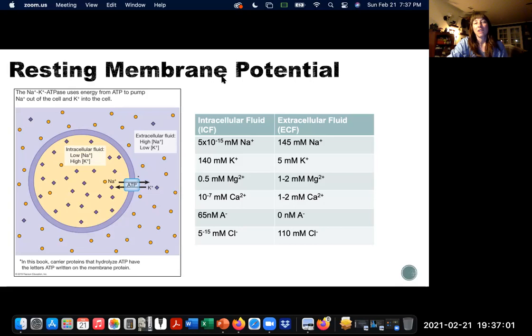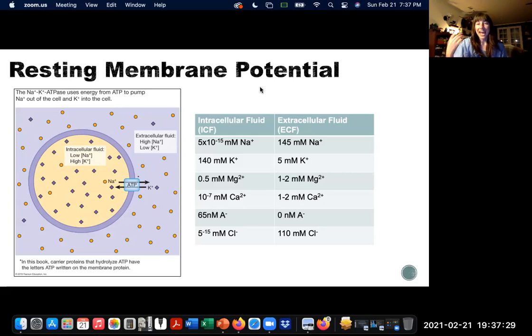And if you don't remember, a membrane potential specifically is a difference between the inside and the outside of the membrane, specifically a difference in charge, okay? So there's a difference in positive and negative charge across the membrane from the inside of the cell to the outside of the cell, and it is accomplished by ions, right?